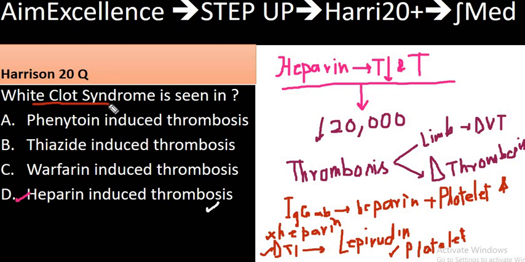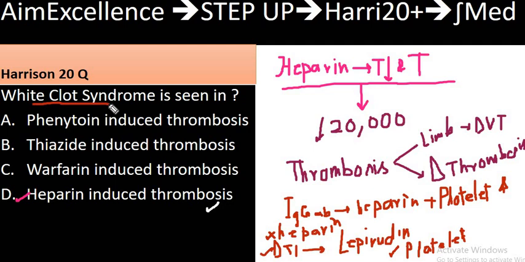We have given the important points, because if this question is asked in your final MBBS examination or even your pathology examination, you can write these points and that would be good enough. And if this question comes in your upcoming PG examination, you will be able to answer it.